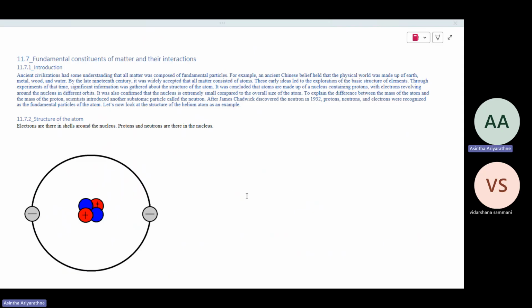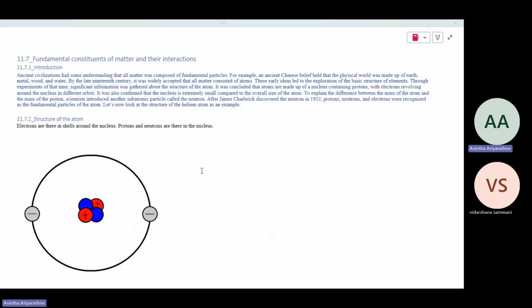Right. So next we have the fundamental constituents of matter and their interactions. Right? So, fundamental particles, elements of matter and the interaction. In ancient civilization, starting from a very old age, this concept of fundamental particles was introduced.